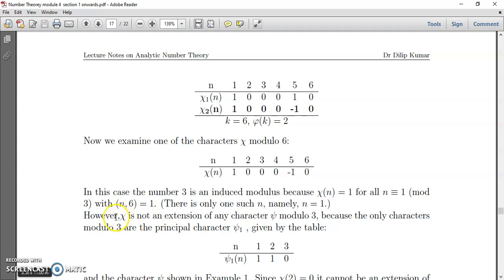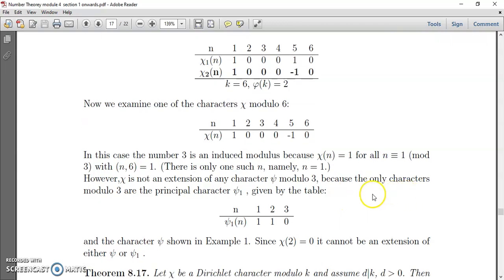But here you cannot say that chi is an extension of psi modulo 3. The reason is that here you will not get 4, 5, 6 as the extension of this psi 1, which is a principal character. So we will not get chi of n as an extension of this psi.